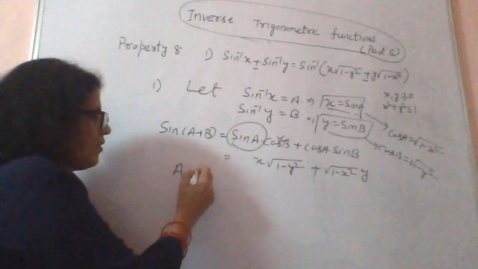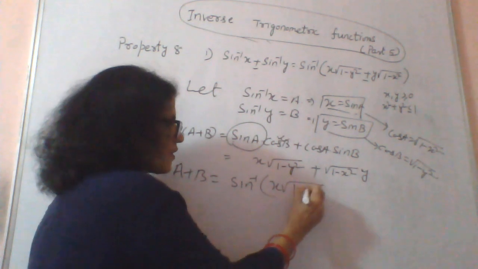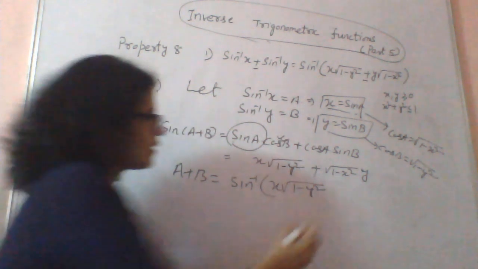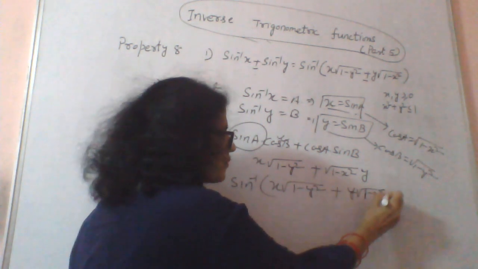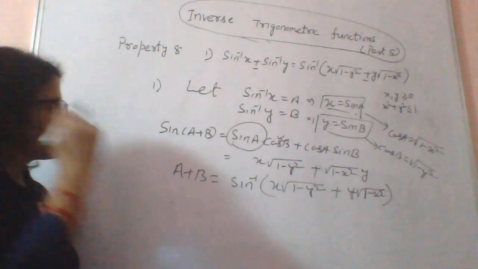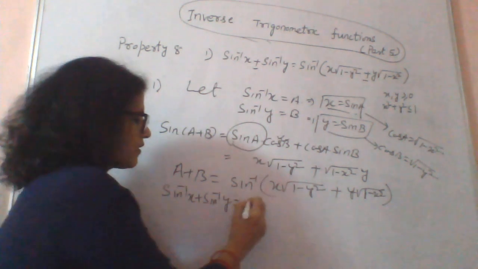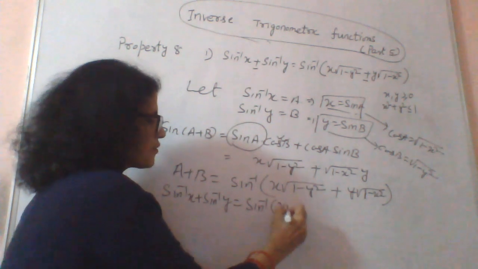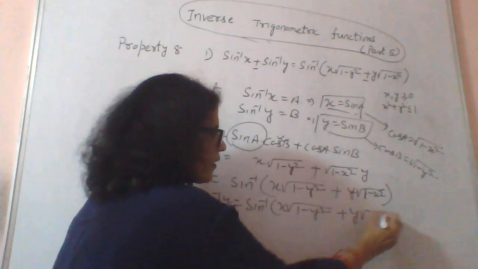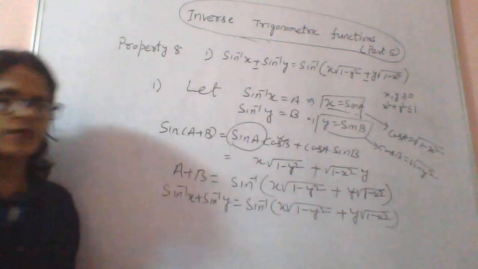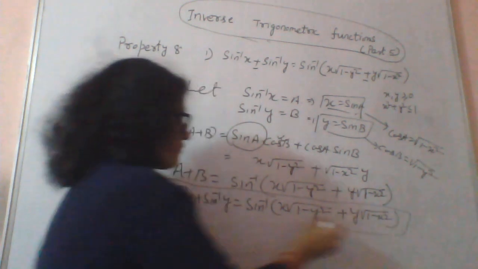So you can write a plus b equals sin inverse of x into under root 1 minus y square plus y into under root 1 minus x square. A plus b means sin inverse x plus sin inverse y, that is equal to sin inverse of x into under root 1 minus y square plus y into under root 1 minus x square. Just have a look at it. Okay, so this concludes the first part.